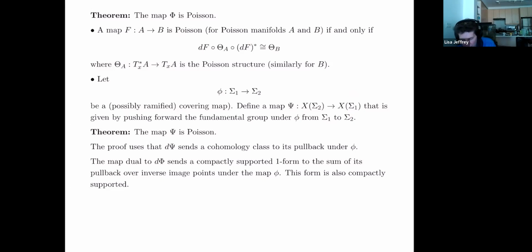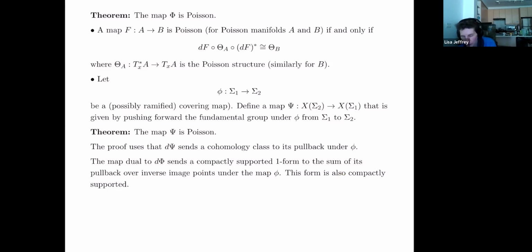This uses the fact that d psi sends a cohomology class to its pullback under phi. And the map dual to d phi sends a compactly supported one form to the sum of its pullbacks over the inverse image points under the map phi. This form is also compactly supported. Then we have to use this criterion.